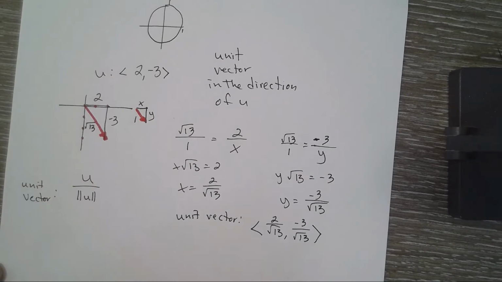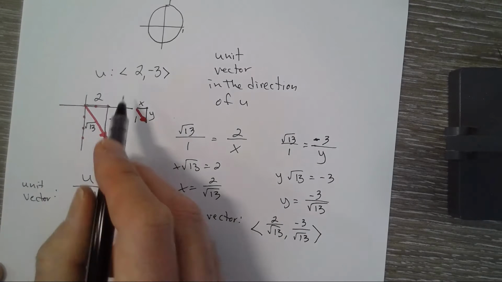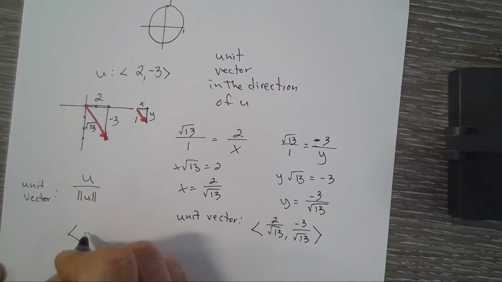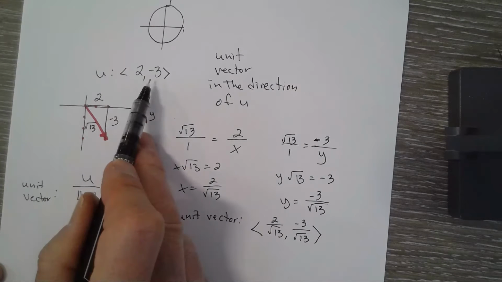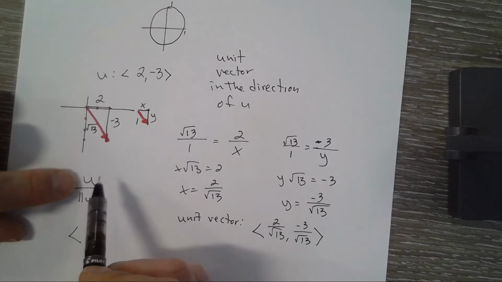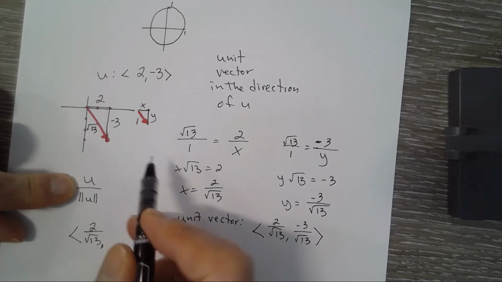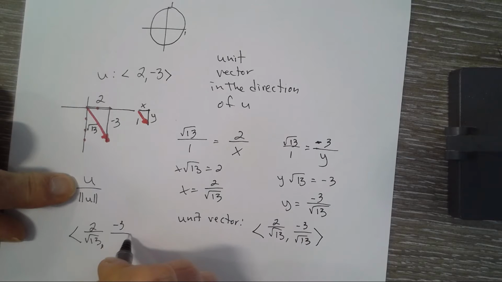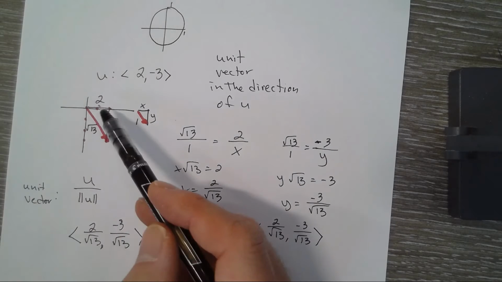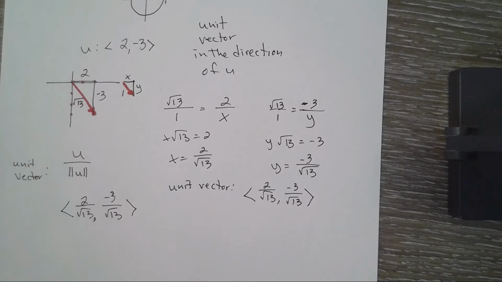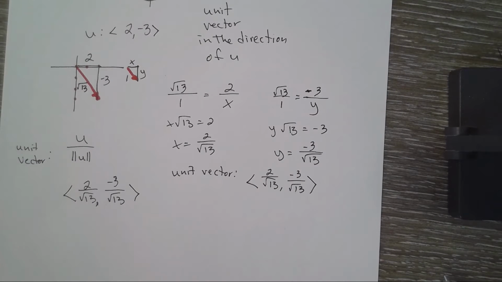So u is 2, negative 3, but it's u divided by magnitude, so 2 divided by the square root of 13 comma negative 3 divided by the square root of 13. So once you find the magnitude, then you just divide each component by the magnitude and you get the unit vector.